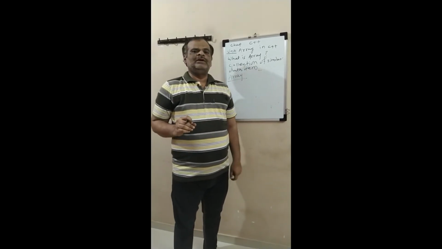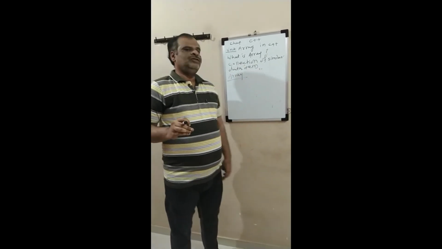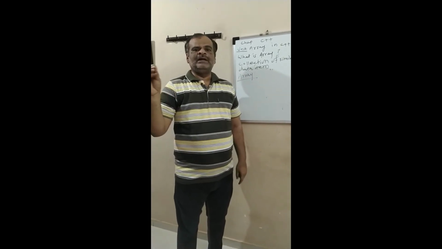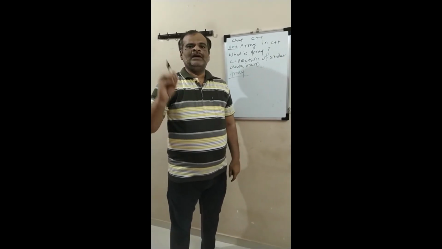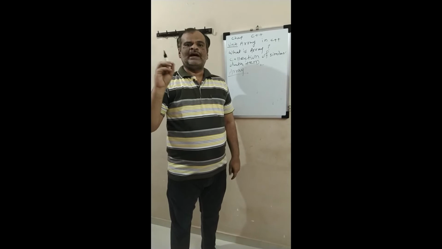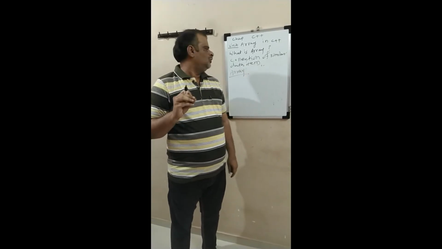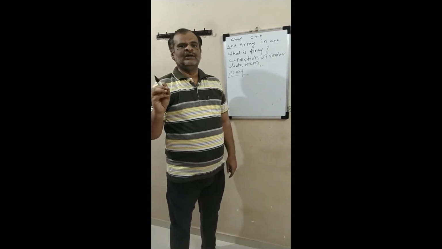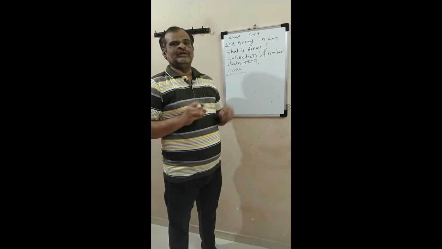Whenever your program is executed, each element is separately executed from index 0 to size minus 1. This is the execution of array elements. This is a most important concept.